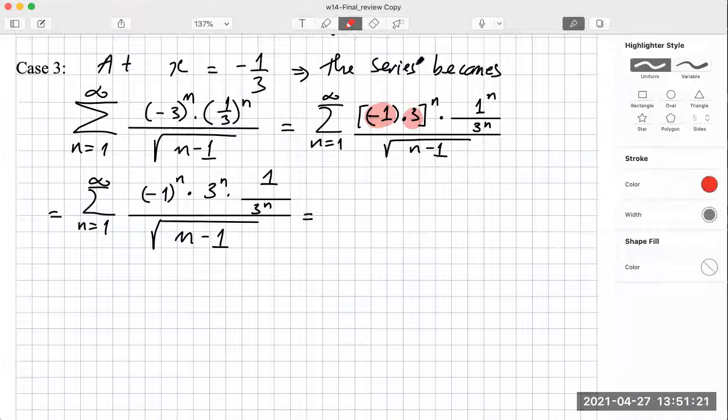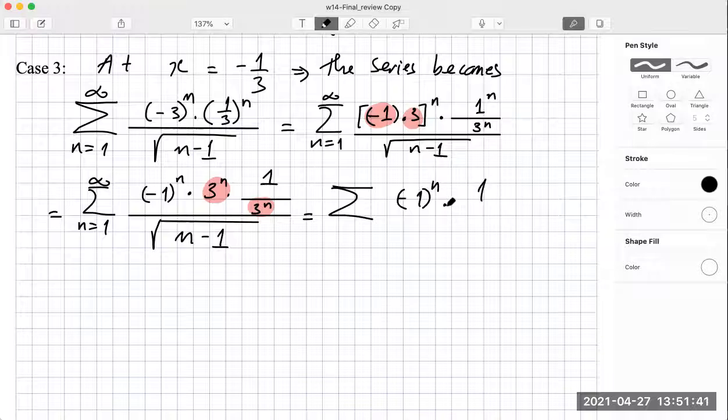You see that 3 to the n times 1 over 3 to the n will be simply 1, right? They cancel each other. In other words, the series becomes the sum of -1 to the n times 1 divided by the square root of n minus 1, n is equal to 1 to infinity.